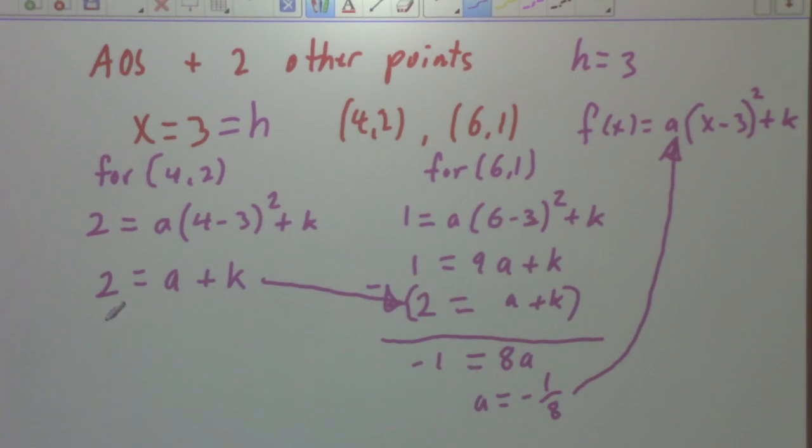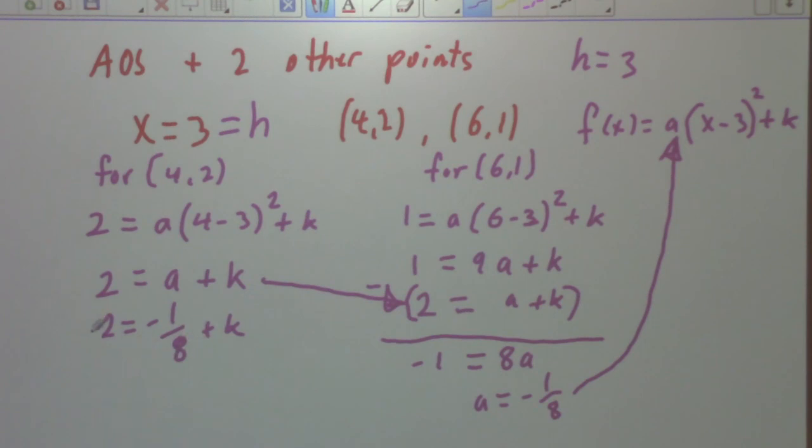We're going to put 2 is equal to negative 1/8 in the place of a, plus k. And so what do we have to do to solve for k now? Isolate k. Yeah, what do we have to do for that? Add 1/8, right?